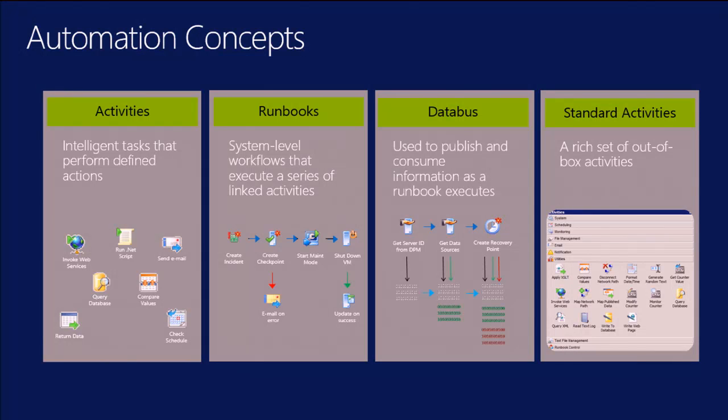When you connect the activities all together, it will be a runbook. And over the lines all the information will be flowing. So when you do a get object in Service Manager, you will get all that information into Orchestrator. That information will be passed on along the line, and in every task that information is available for you to perform tasks or to run a script with that variable in there.